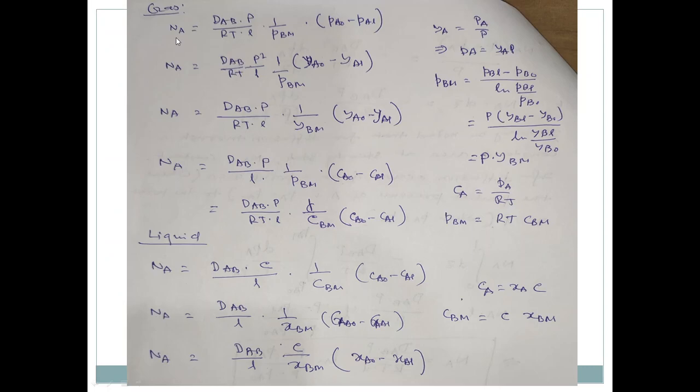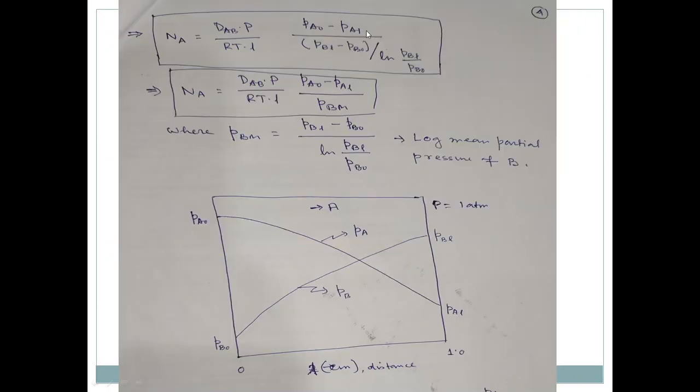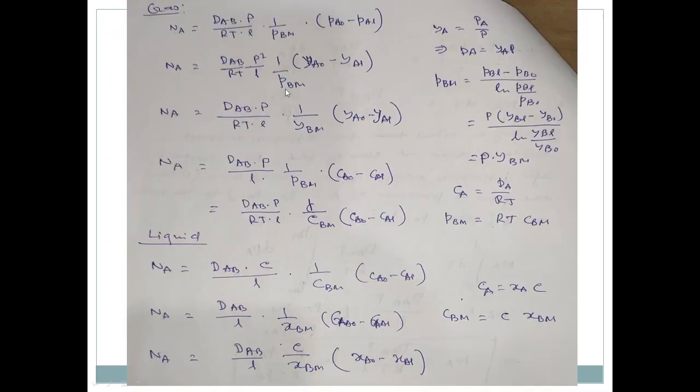So our flux NA was DAB into P by RT into L, 1 by PBM, PA0 minus PAL. I could keep that. Now YA equal to what?